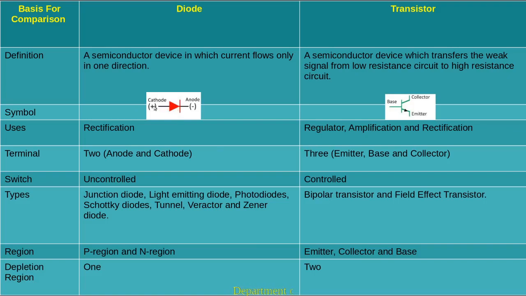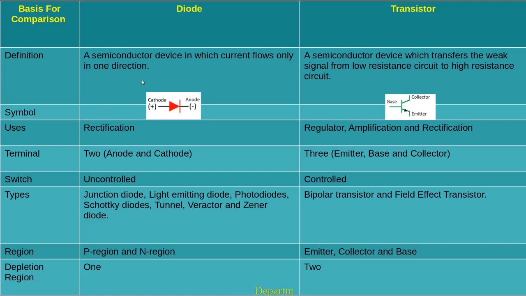This side is positive and this side is negative, representing the positive as cathode and negative as anode. While the symbol of the transistor has base, emitter and collector. Here is the arrow indicating the flow of electrons.